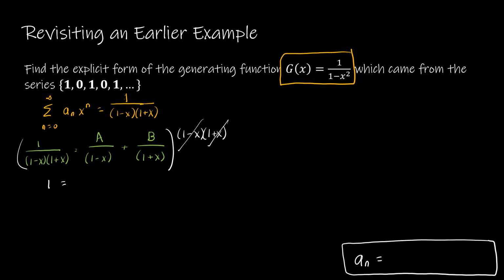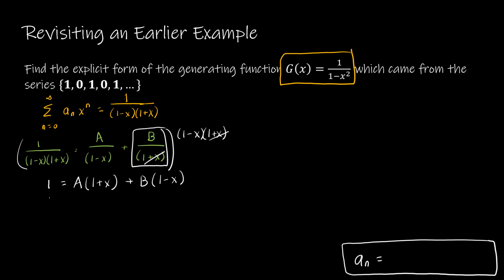Now let's do the same for a. If I take this fraction, a over 1 minus x, the 1 minus x would cancel, and that would leave me with a times the quantity of 1 plus x. And if I do that for the last fraction, I would get b, and then 1 plus x would cancel, but I would take 1 minus x.